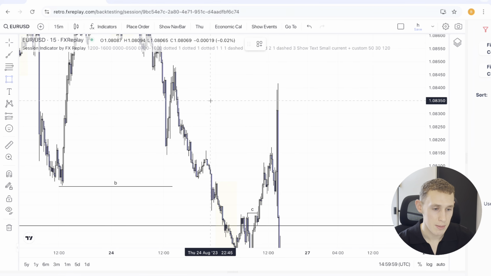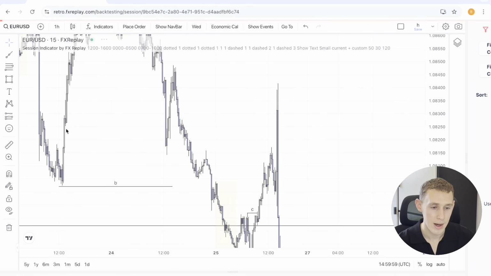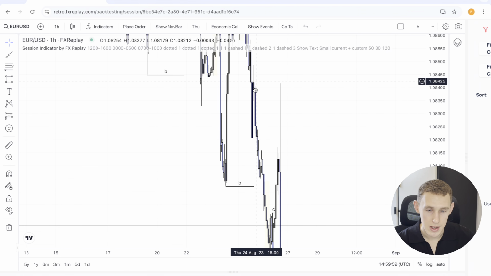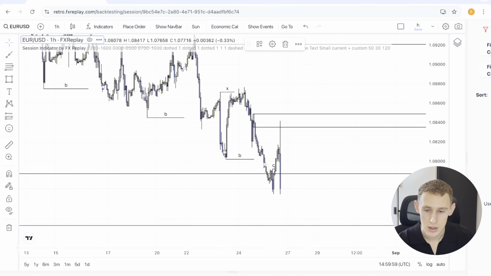The reason for the TP as well was I saw this supply zone that I thought price was likely going to react from. It was also this hourly supply zone as well, which you guys can see now price has tapped back into. So yeah, thoughts here, price is coming back towards these current lows.